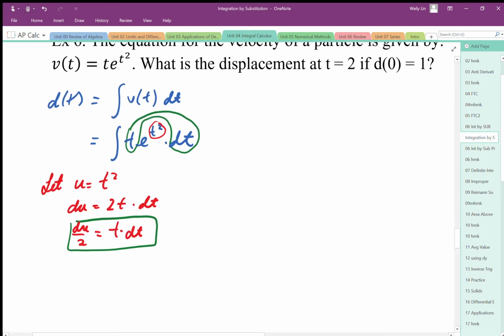My integral is going to be d of t equal to the integral of e to the u, and then we can replace the t dt with our du over 2. And that 1 over 2 can come on the outside.